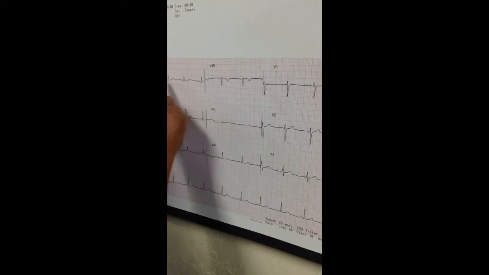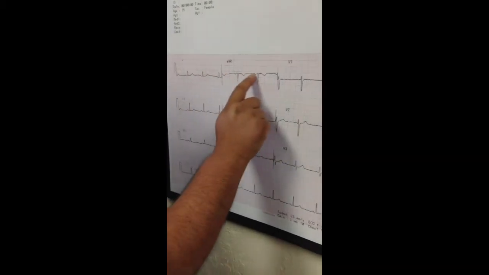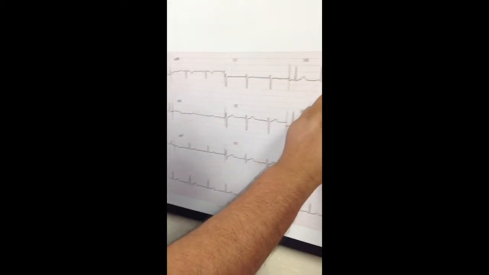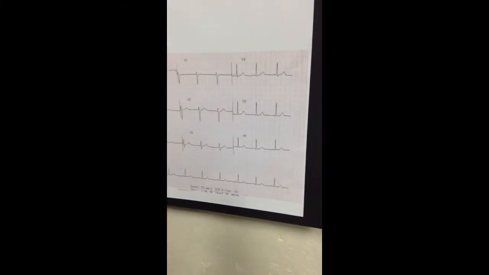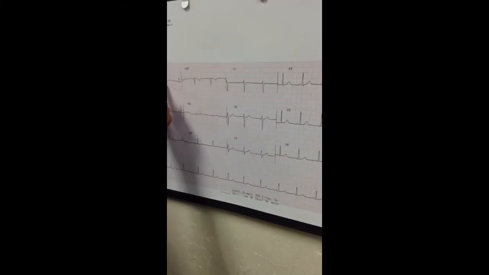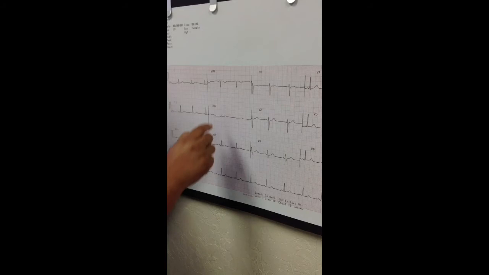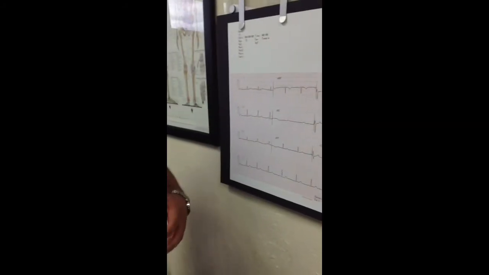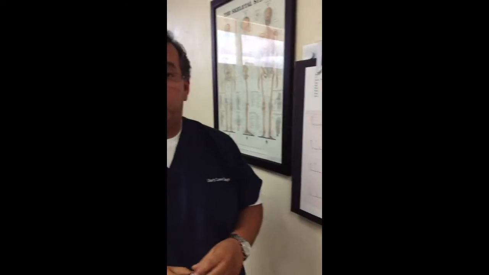So as the EKG is tracking across this line, it represents time, how long it's taking for the heart to contract and relax. And then every time you see an upward and a downward deflection, that represents the electricity being discharged by the heart's muscle. So I'd like to do a really quick exercise in how to measure an EKG.